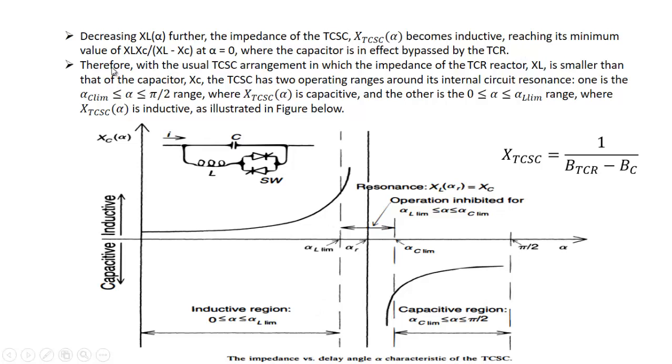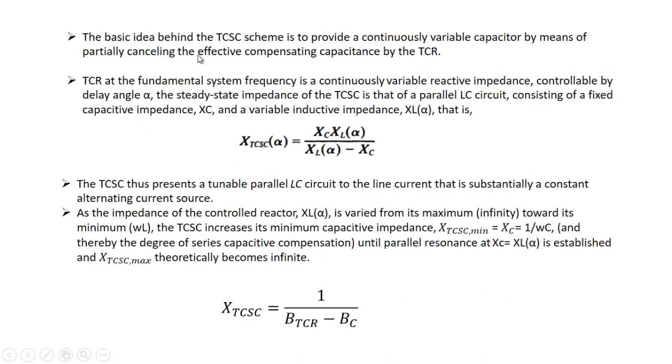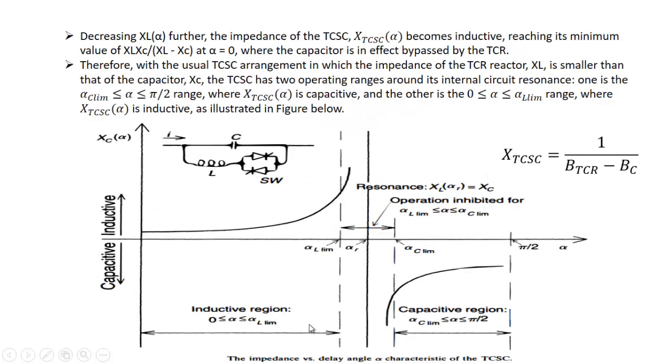Reaching its minimum value, XL parallel XC divided by XL minus XC at alpha equal to 0. That means at that time XTCSC will have a value of BL, that is 1 divided by BL minus BC at alpha equal to 0, while the capacitor is in effect bypassed by the TCR.